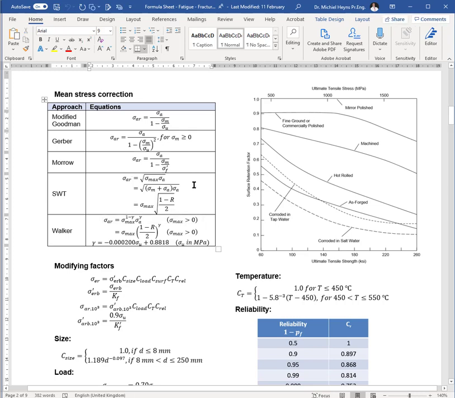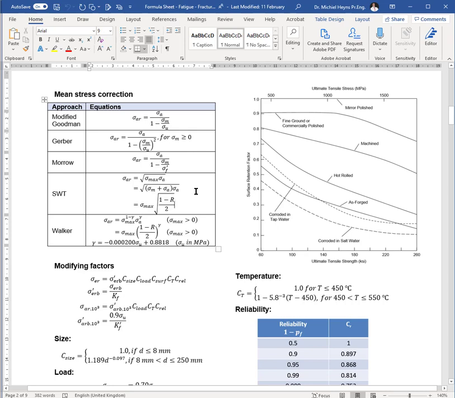Now, in this case, we can easily apply this one here because we have the mean and the amplitude. Here we also have the mean and the ultimate tensile strength of the material that's used. If you look at the SWT, the Smith, Watson, and Topper equation, you only need the stress ratio and the maximum stress to apply it.